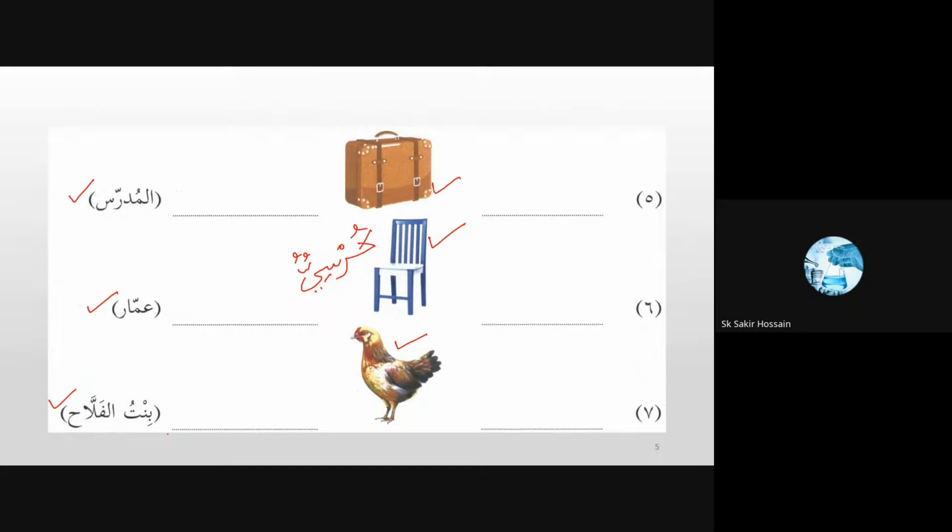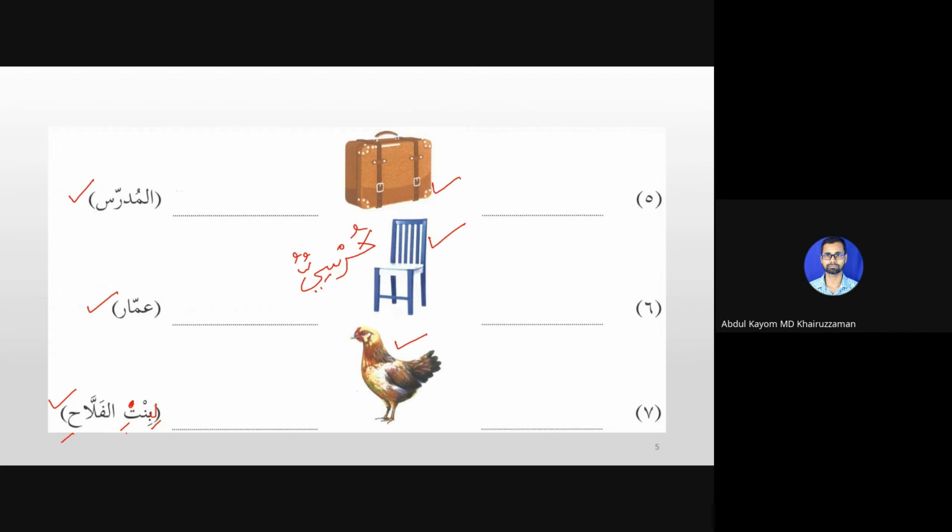بنت الفلاح. One thing: if I add li here, it will become li bintil fallahi. Li binti. So we have li binti, then min binti, ila binti, right? So li is a harf jar. We call it harf jar.